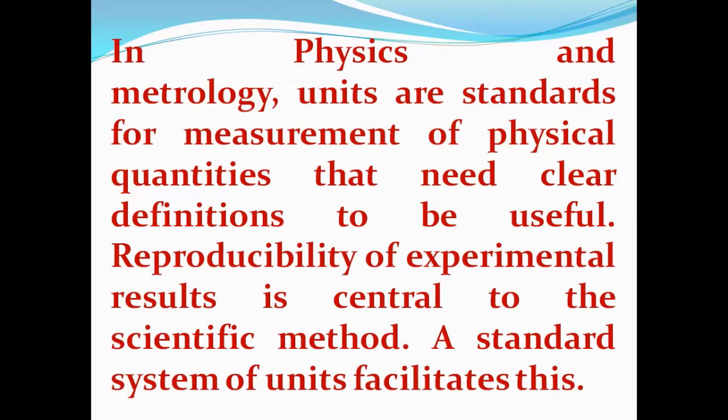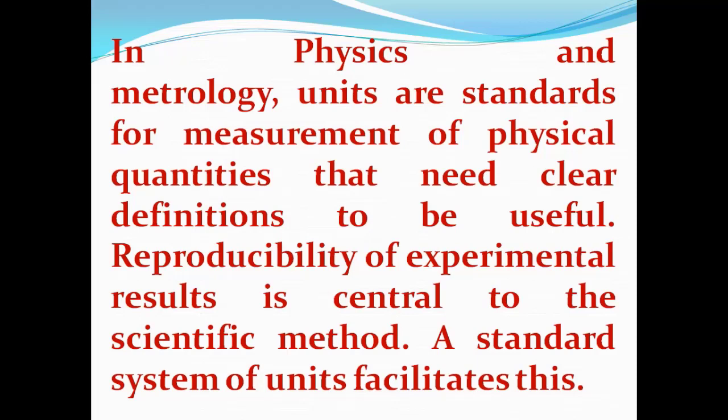So here in physics, particularly and metrology, units are standards for measurement of physical quantities that need clear definition to be useful. Reproducibility of experimental results is central to the scientific method.